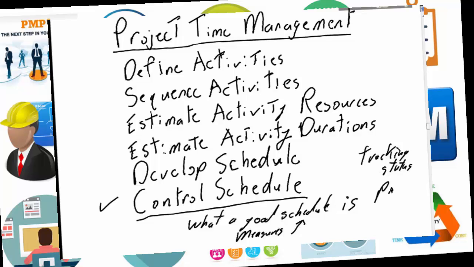It's about proactively managing the schedule, taking the information, plugging it back into the schedule, and proactively understanding and being able to accurately forecast what a revised completion date for the project is.